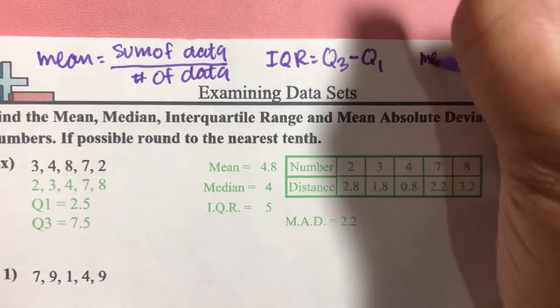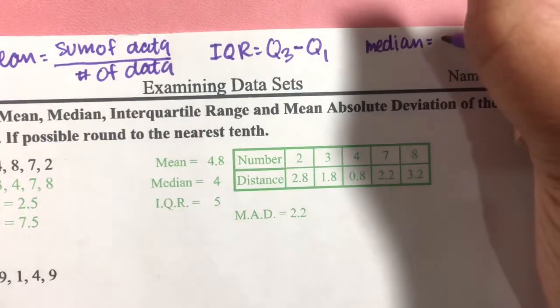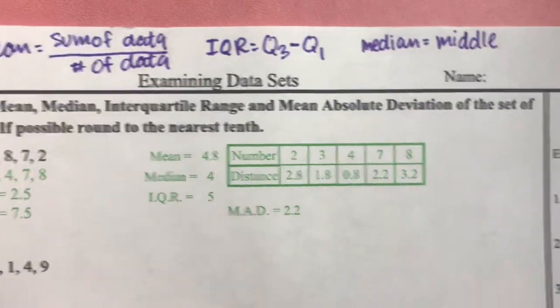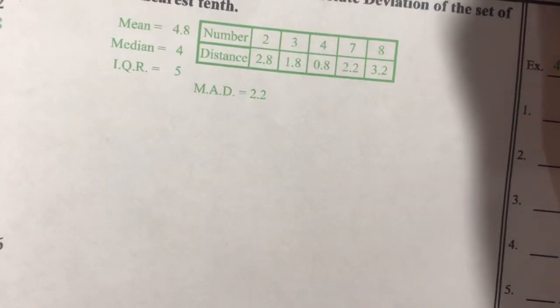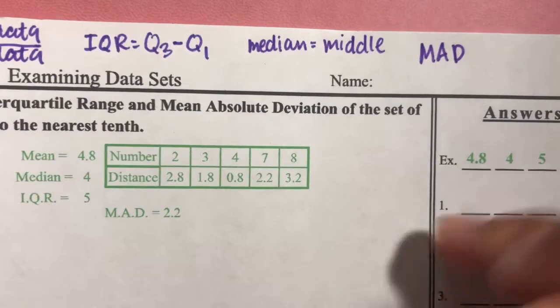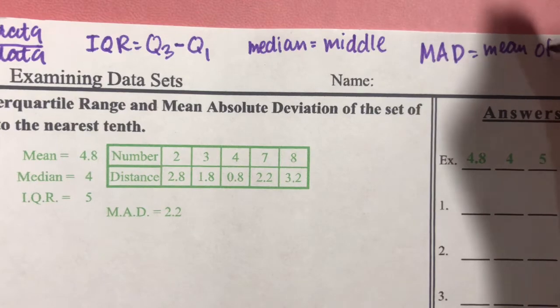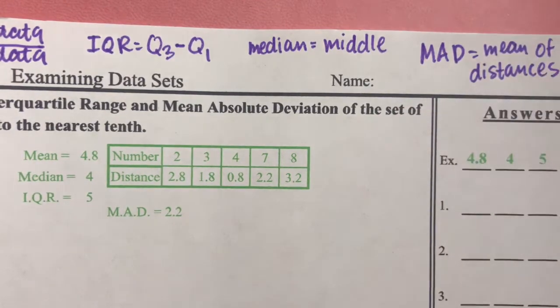Median, which sounds like medium, should give you the hint, equals the middle number of the data set. And the mean absolute deviation, or MAD, which is what we just learned yesterday, is the mean of all of the distances. And you'll see what I mean when I do the example.